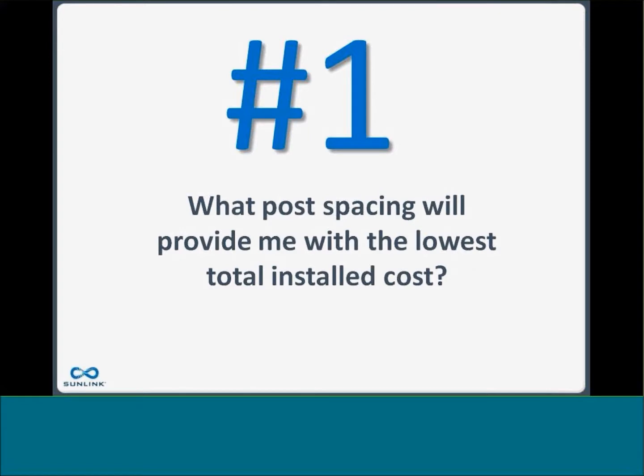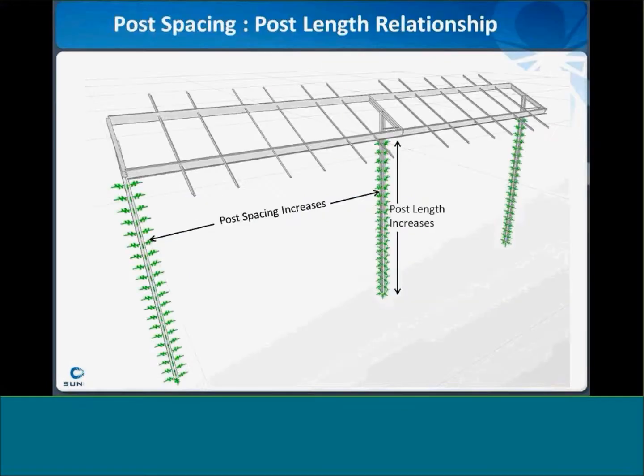As you start looking at your project and you're evaluating both the racking and the foundation piece of your project, you want to look at what post spacing is going to provide you with the lowest total installed cost. The two things that you want to look at for your foundation are the post spacing and the post length.